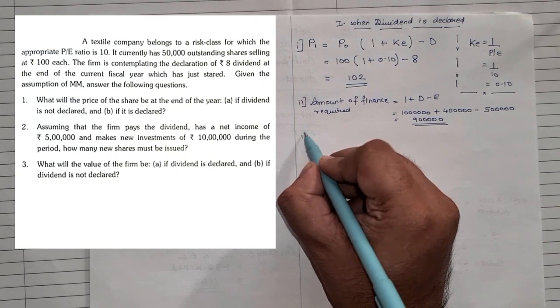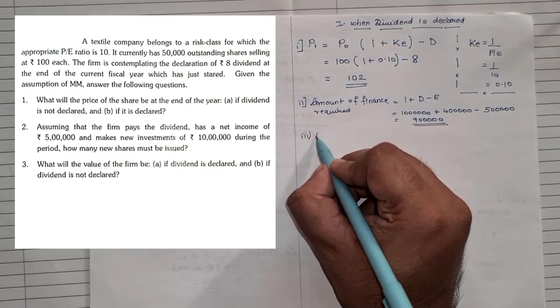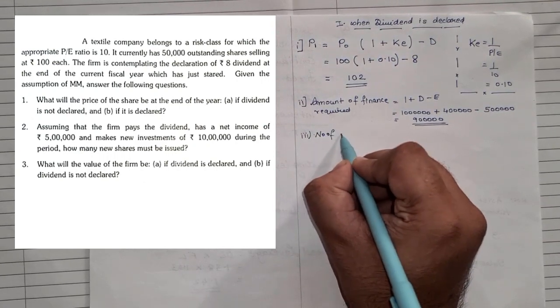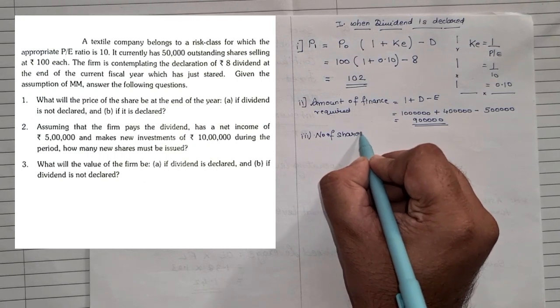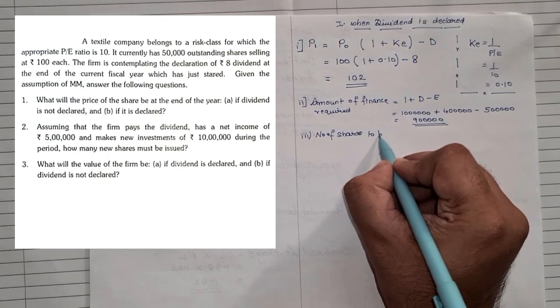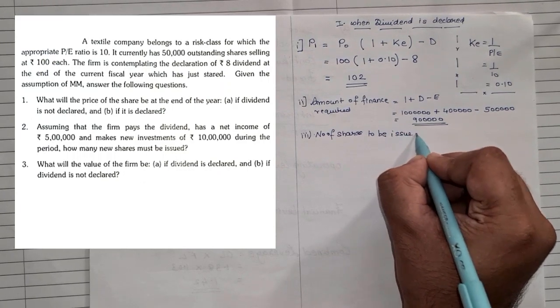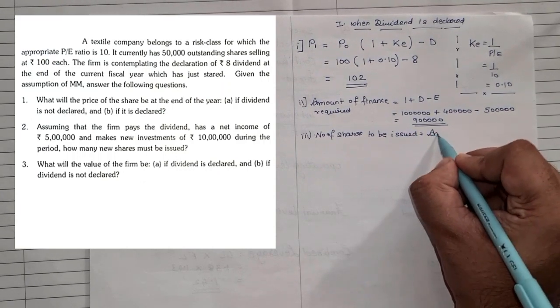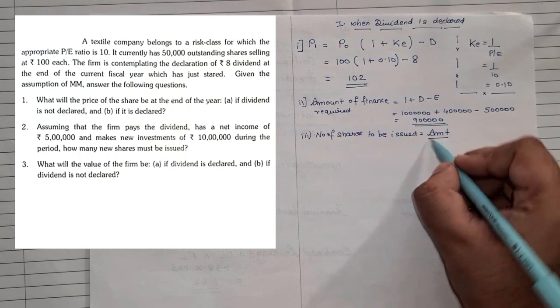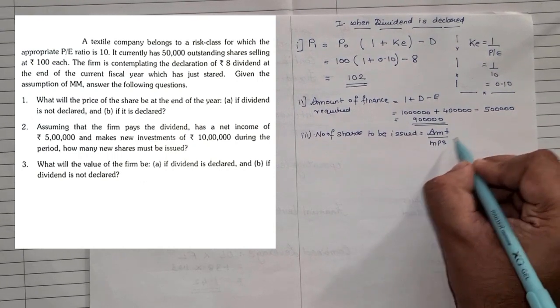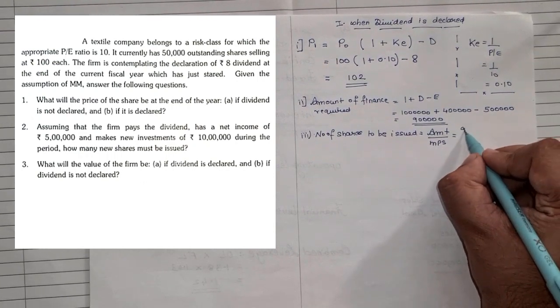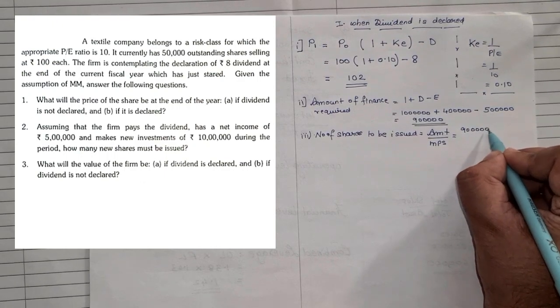Once I get my finance, I can find the new shares. So number of shares to be issued. The formula is amount of finance required upon the market price of the share. So the amount which I require is 9 lakhs.